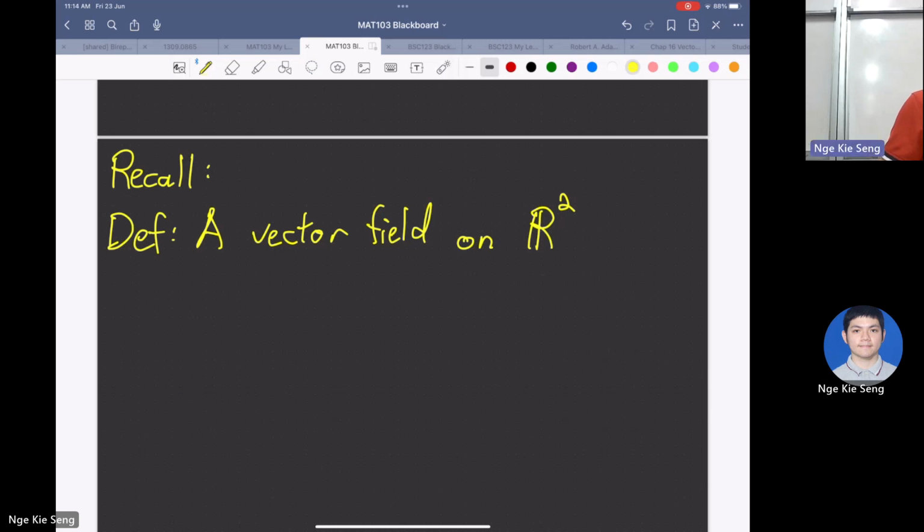What's a vector field? Is it a number or a function or a set?